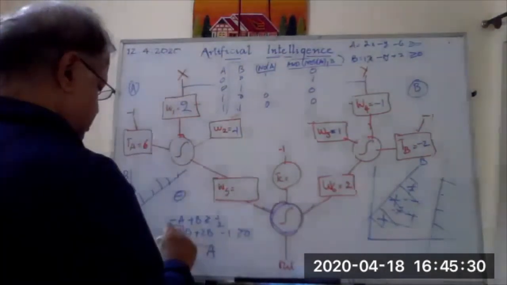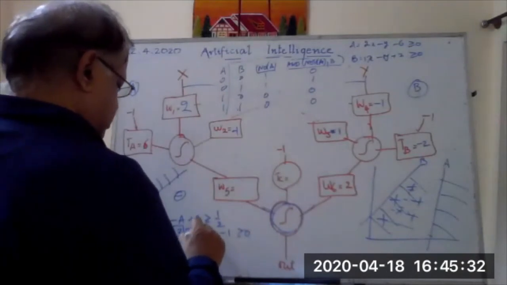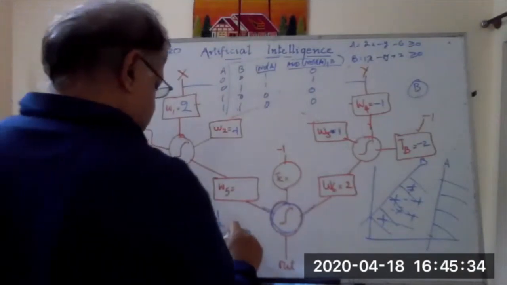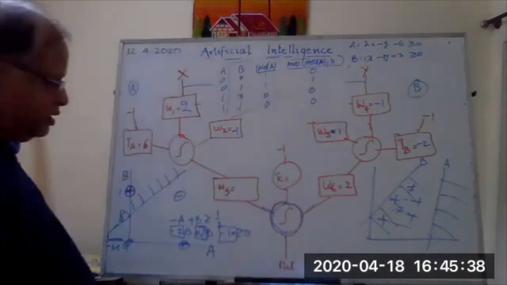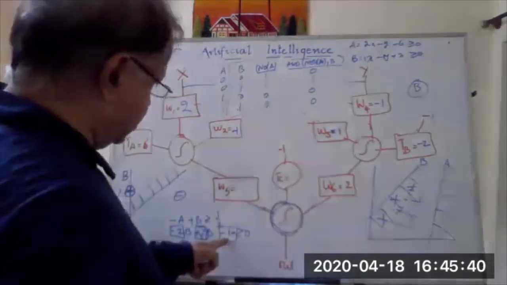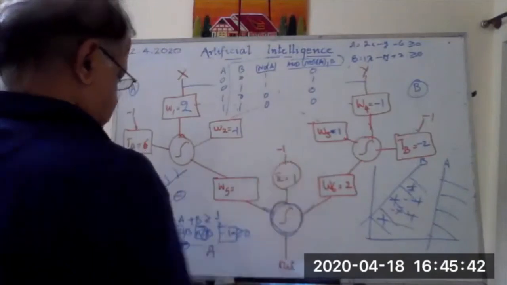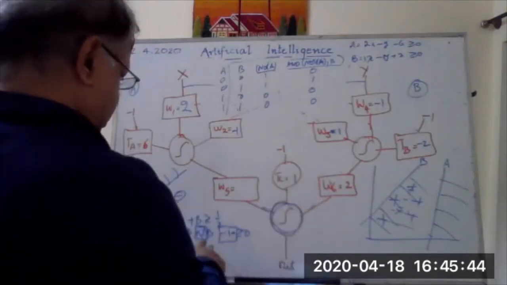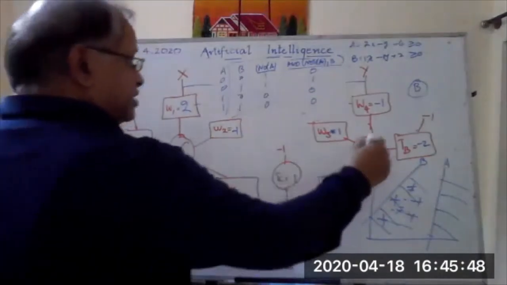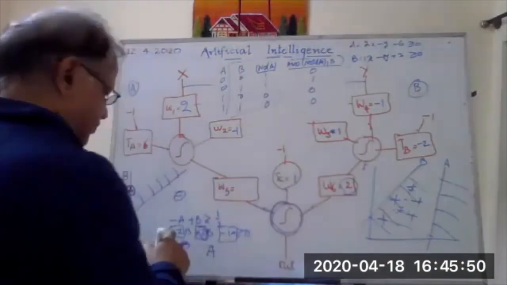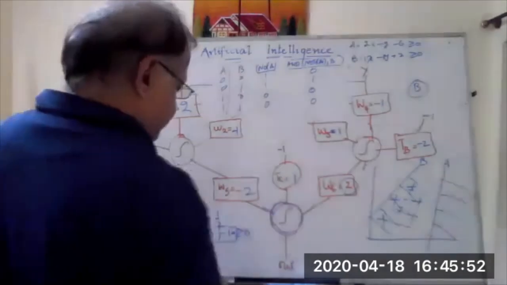So that means this is the weight, this is the weight, and this is the threshold. Minus 1 is already there, that would be 1. Minus 2 is here, plus 2 is already set here, so this would be minus 2.